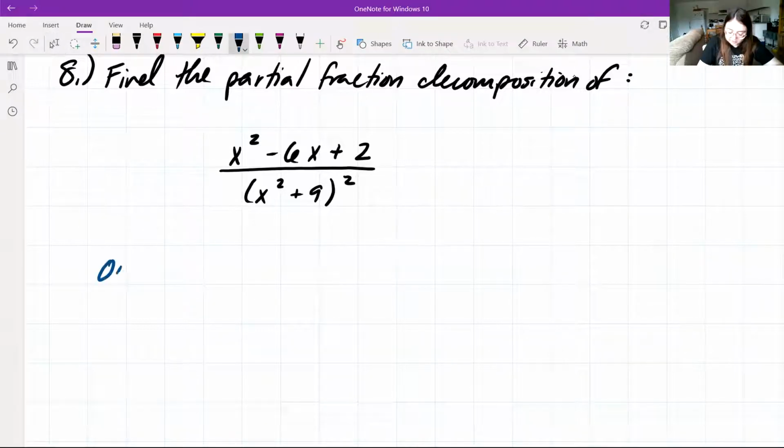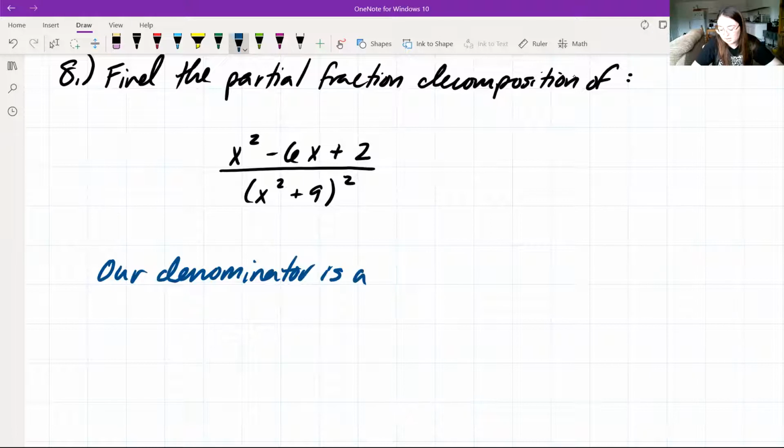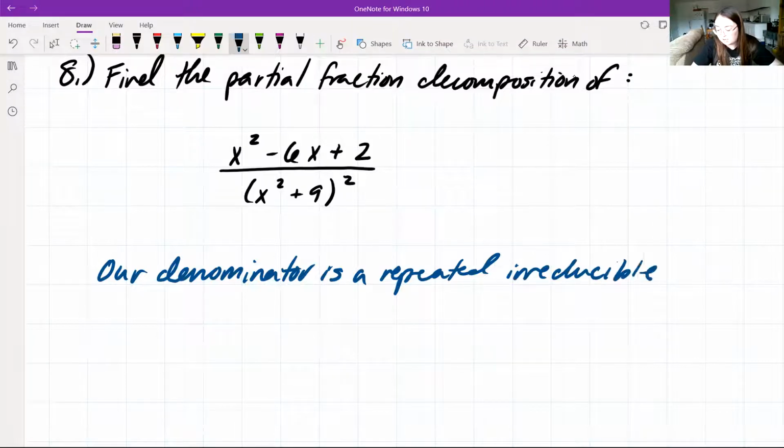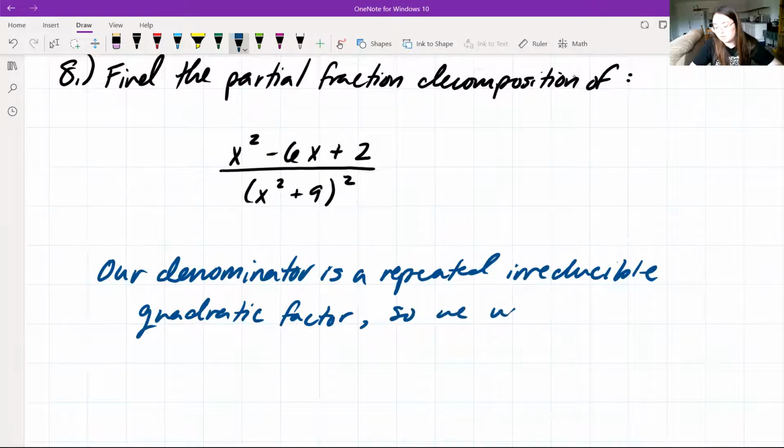This means that our denominator is a repeated irreducible quadratic factor. So we use the form in case 4.